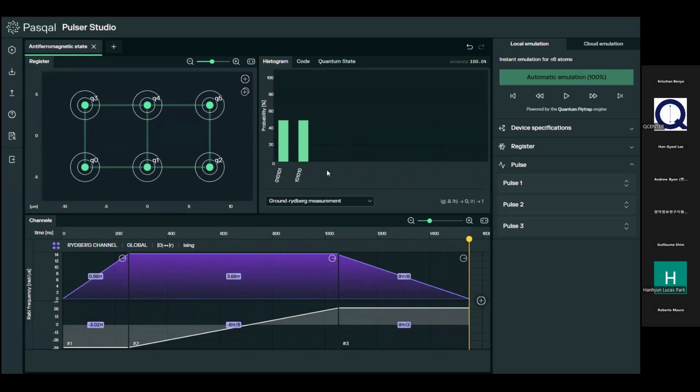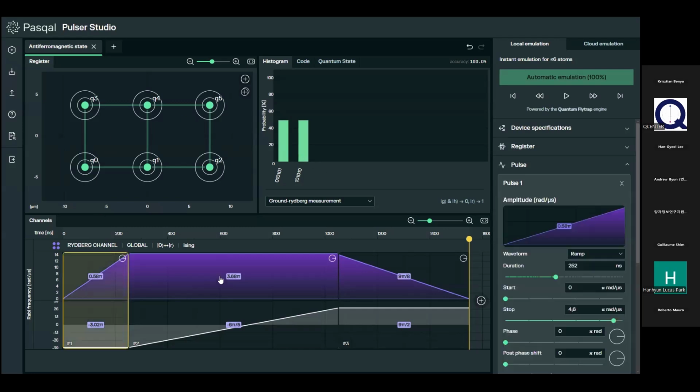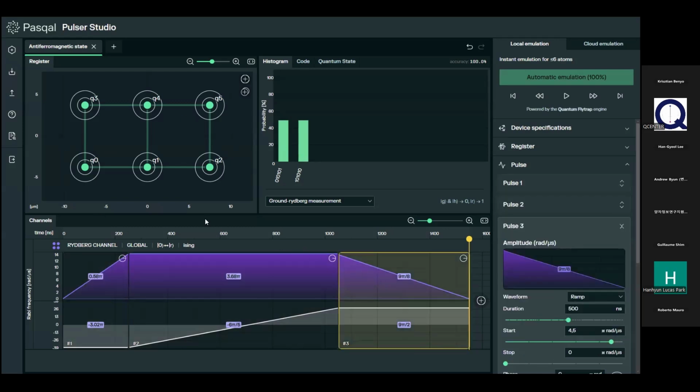So there are no additional quantum states that can appear. This is typically an indication that the experiment has been well designed to really solve the particular type of problem you want to solve. So the idea behind these three pulse sequences is an adiabatic evolution.